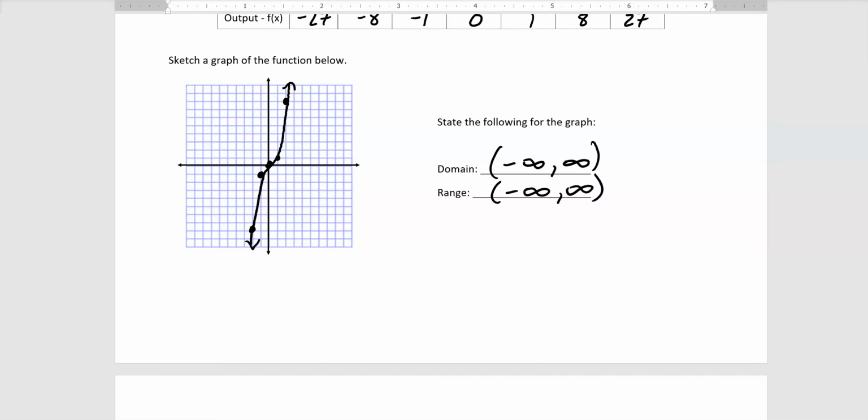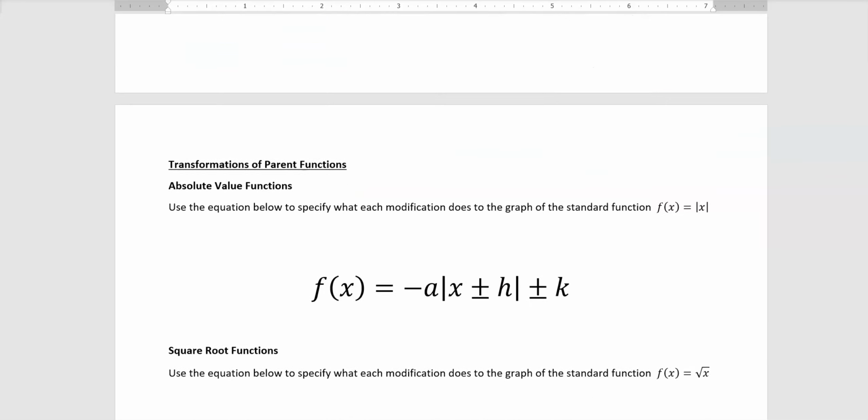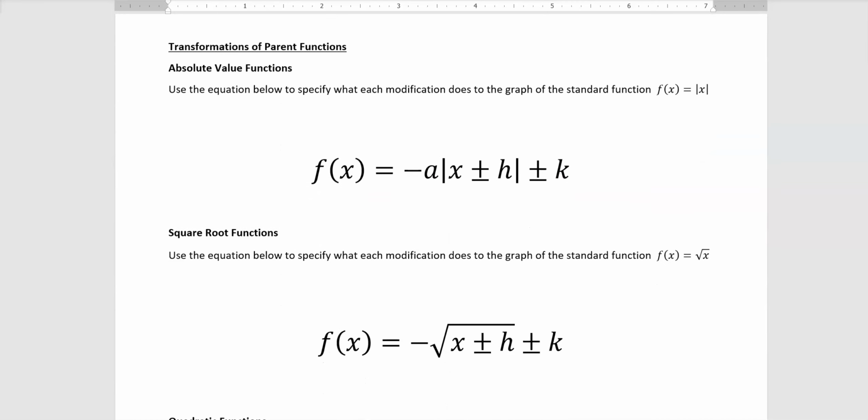All right, so now that we know the parent functions, let's talk about some transformations. So how we're going to view transformations is actually really similar for all of the different graphs. What I'm going to do is work through what each of these different variables do.